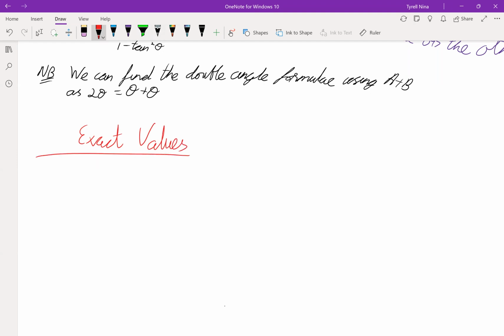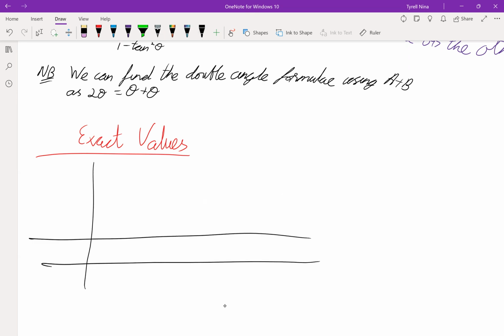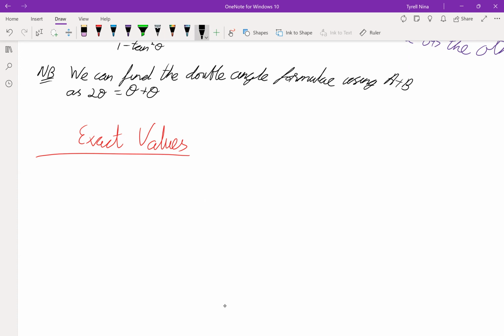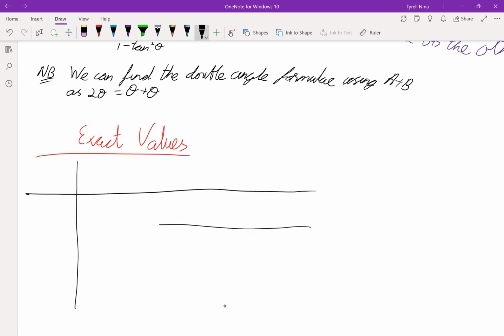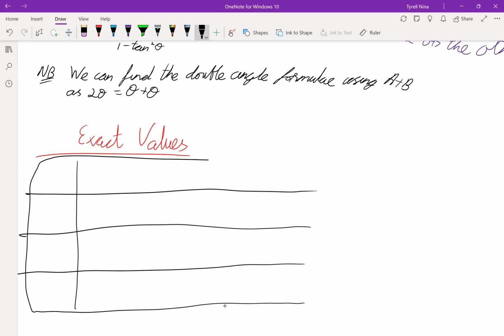Back when I was a wee lad, things were rough. Back in my day, we didn't have the Casio calculator that returns answers in surds. You used to have to learn these off. Now you all have your nice little Casio calculator.